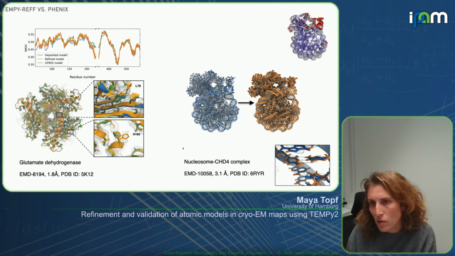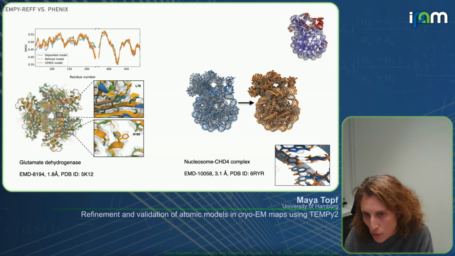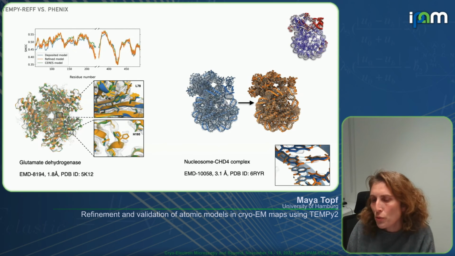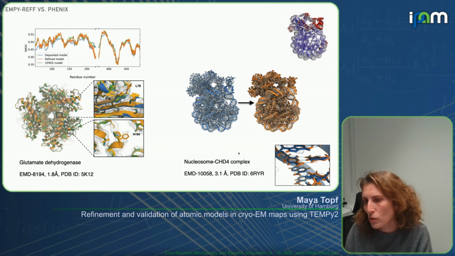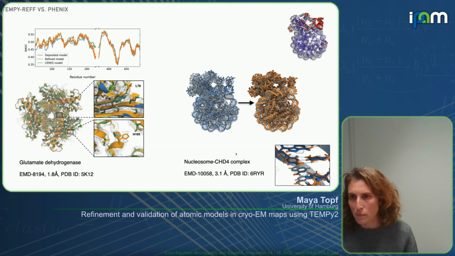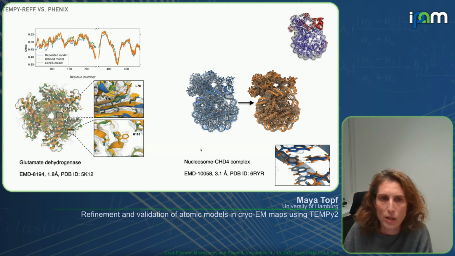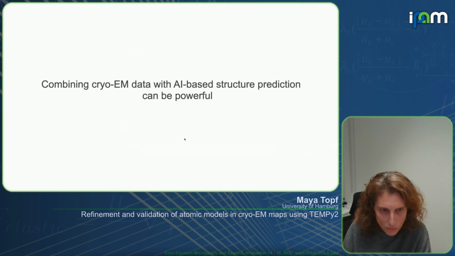And we can see this also in another example. These are all examples of models from the PDB. For example, if you look at this nucleosome example, you really see that the bases are not well refined in the structure deposited in the PDB, but we're able to refine it better using our approach.